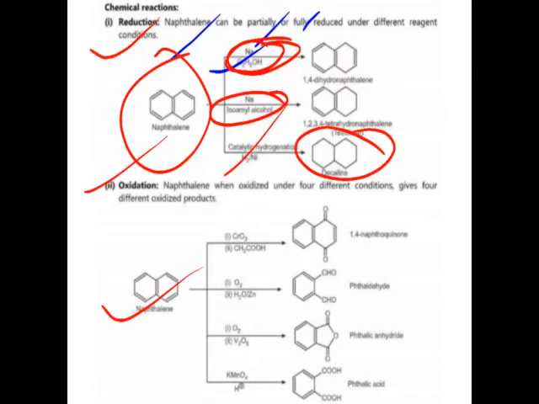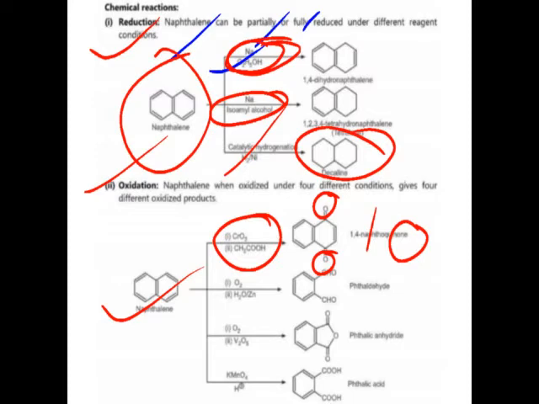Okay, so in the naphthalene, if we add an oxidizing agent, that is chromium oxide and acetic acid, we get quinones. Quinones means at the para position two double bonded oxygens are present. So such a compound is called a quinone. So it is called 1,4 naphthoquinone.